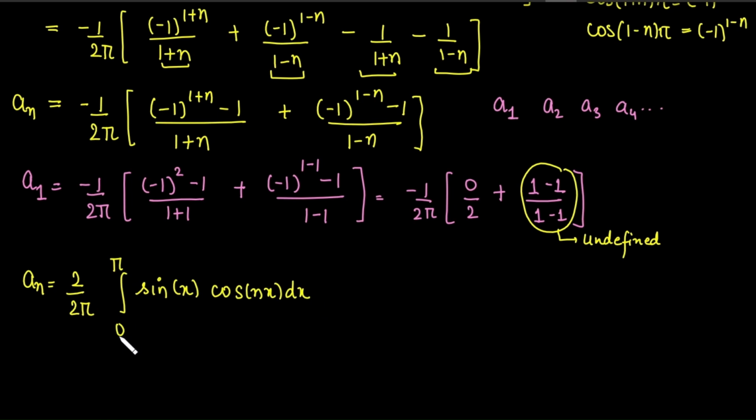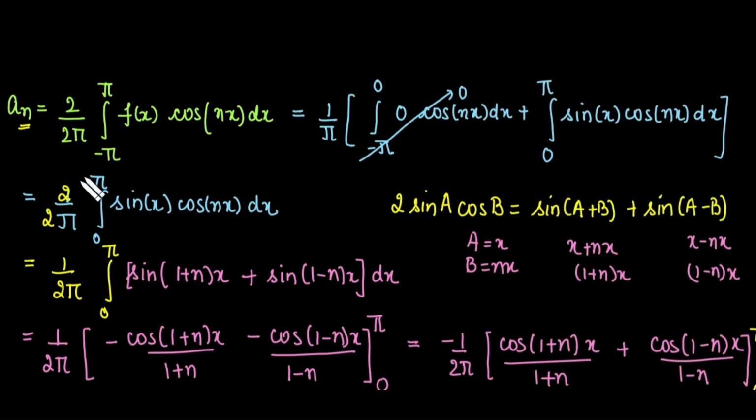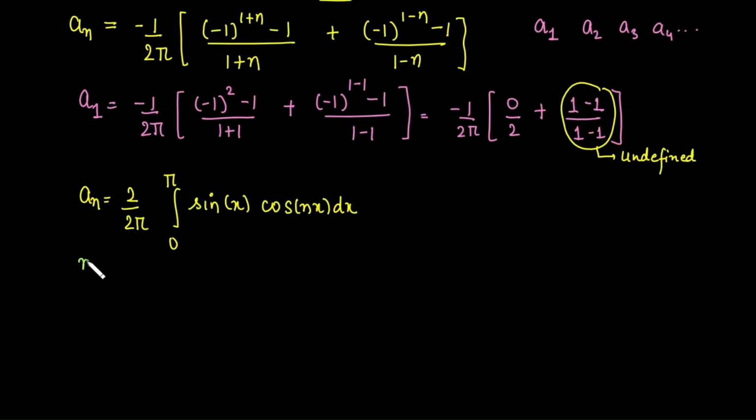Basically we have taken this form. Substitute n is equal to 1. We have a1 is equal to 2 by 2 pi integration from 0 to pi sine of x cos of n into x, that is n is 1, that is simply cos x.